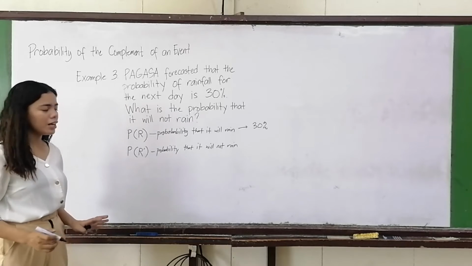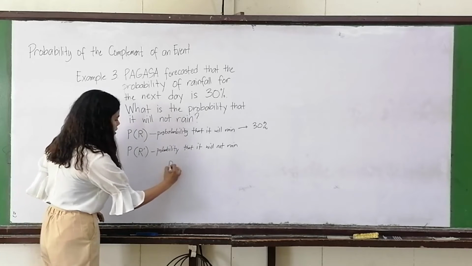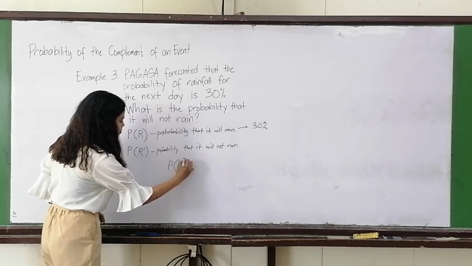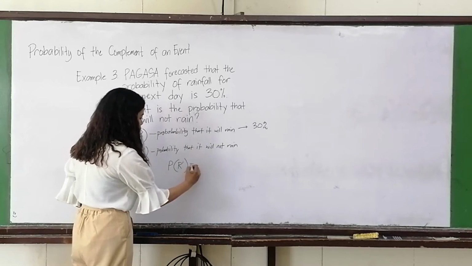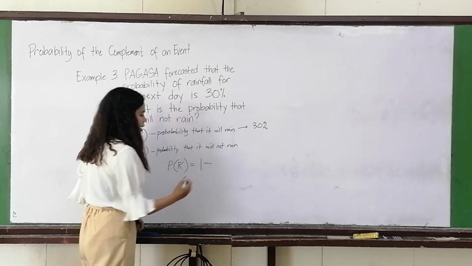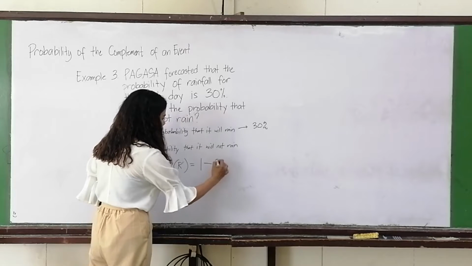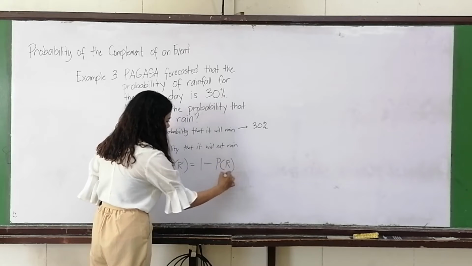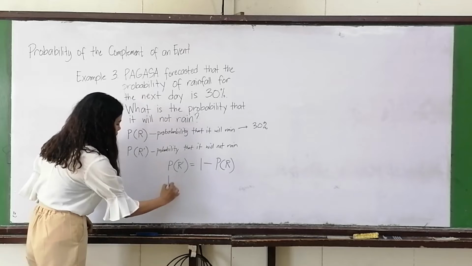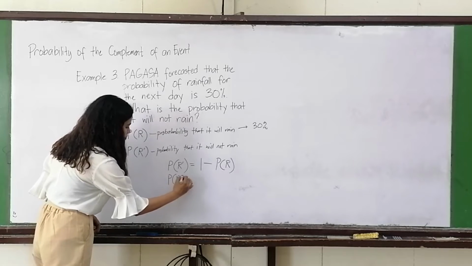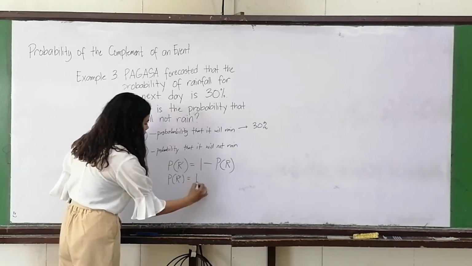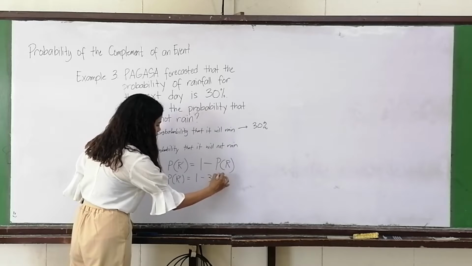So using the formula, we know that P of R prime is equal to 1 minus the probability of R. We have P of R prime is equal to 1 minus 30%.